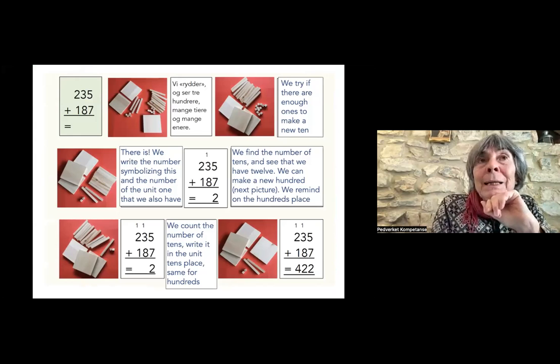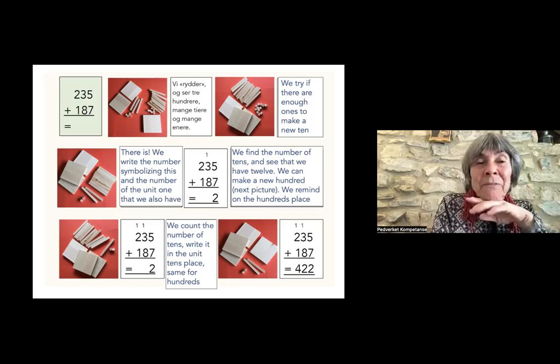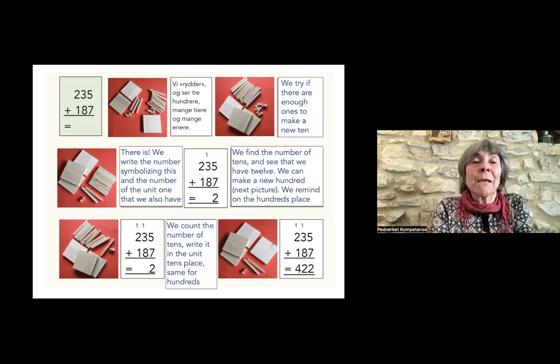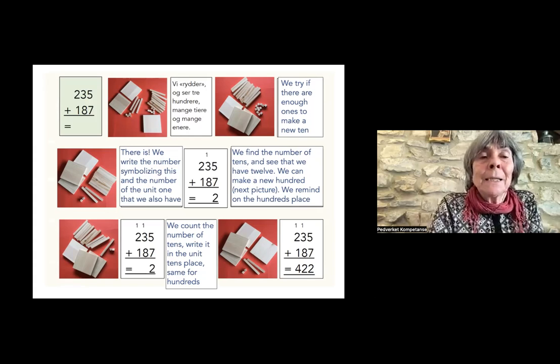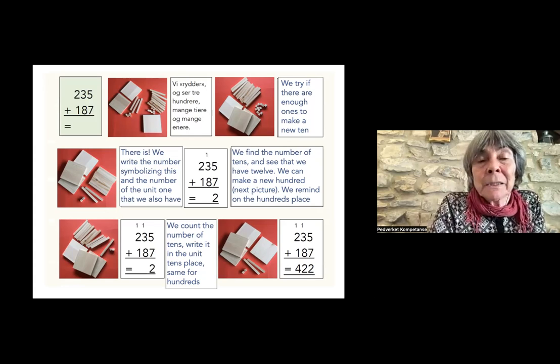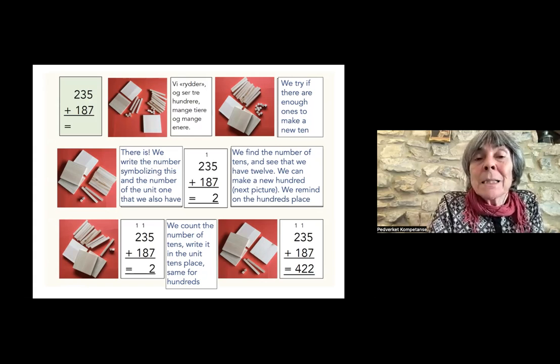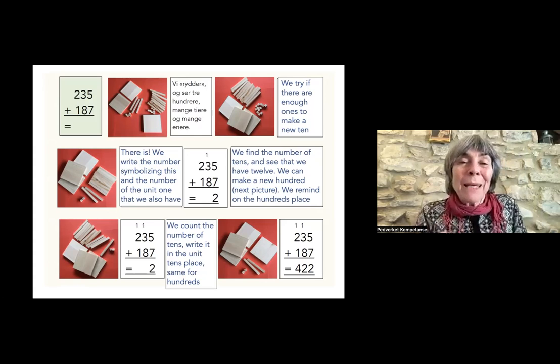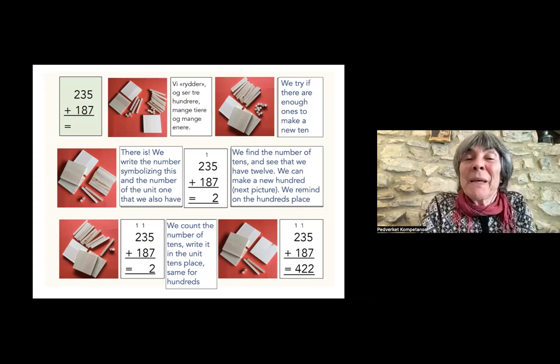So then we are at one of those issues that's listed in the curriculum for math in fifth grade in the Czech curriculum. And you will recognize this kind of calculation. And I've shown on the picture here, I'm sorry, not all the texts here are translated, but the most important ones are, because in the first picture, it's obvious that there are 2 hundreds, 3 tens, and 5 ones.